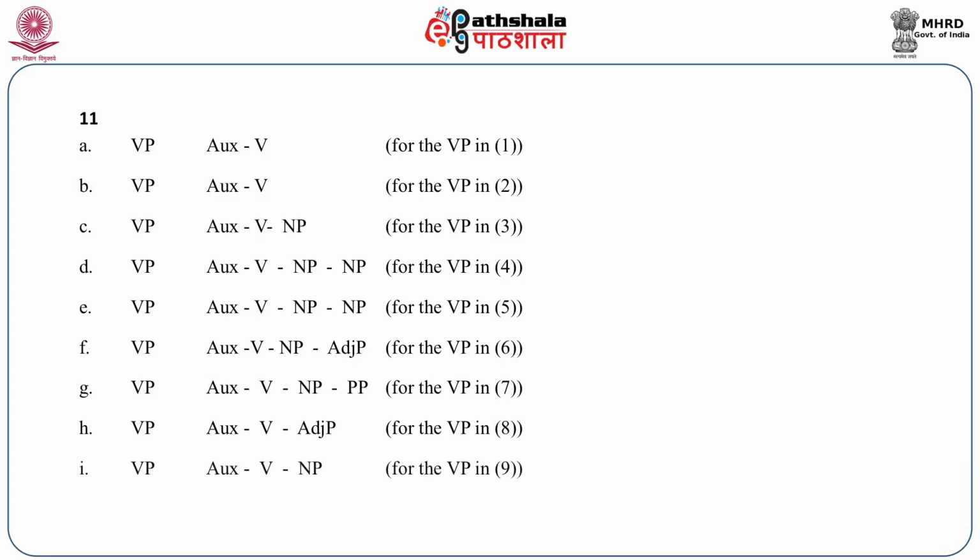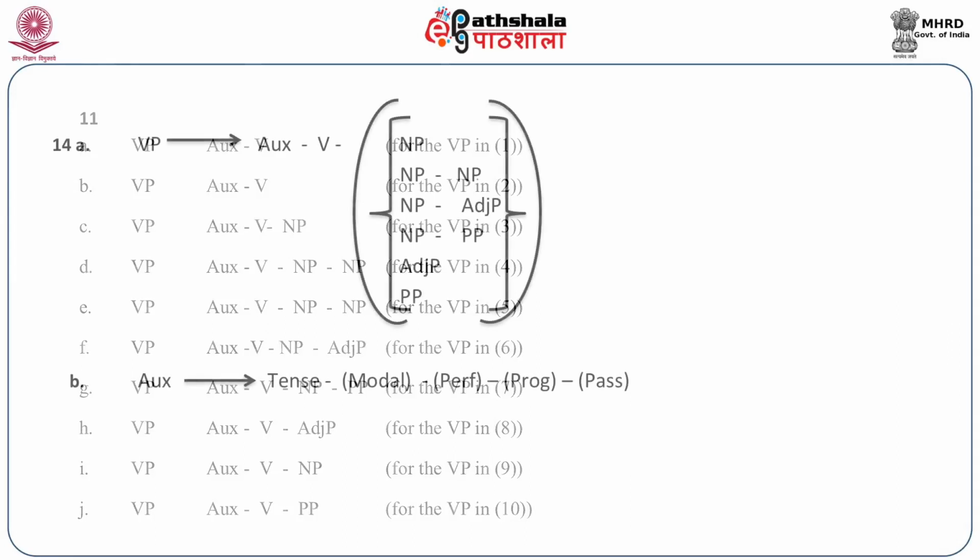And in 11i, we have the VP going into Aux, V and noun phrase, where the noun phrase is after the V. And in 11j, which is the rule for the verb phrase in sentence 10, V is followed by a PP.